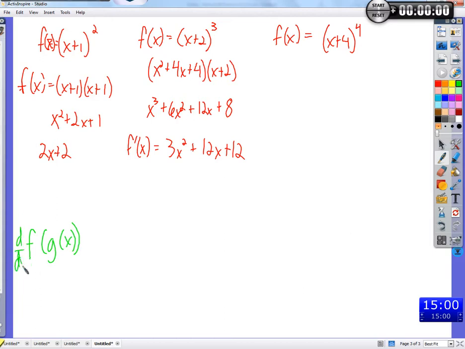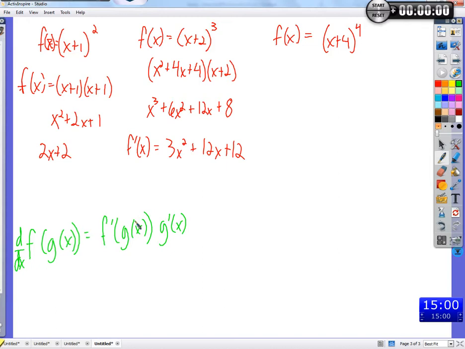The derivative of this is equal to f prime of g of x times g prime of x. So it probably doesn't make a whole lot of sense quite yet. But all it is, we take the derivative of the outside, treating the inside as if it were just some variable, which means we're not going to do anything to it.